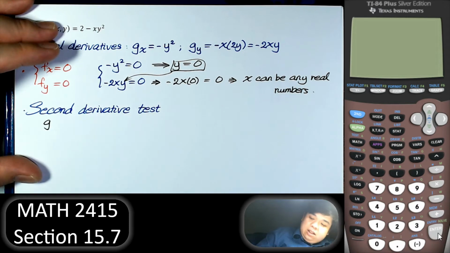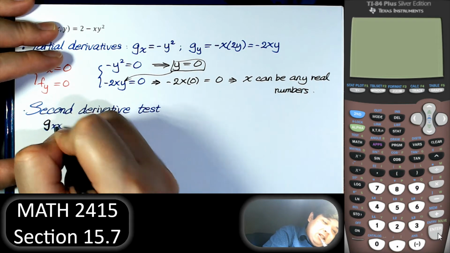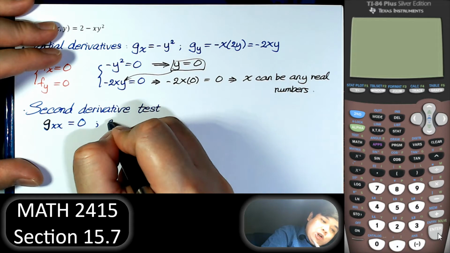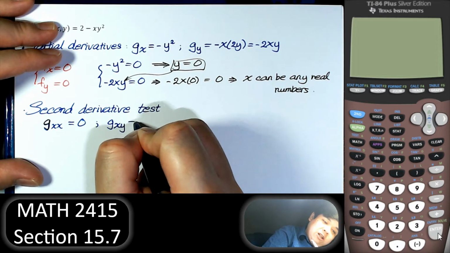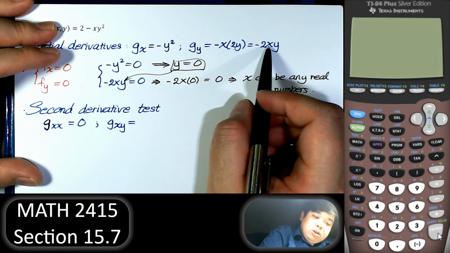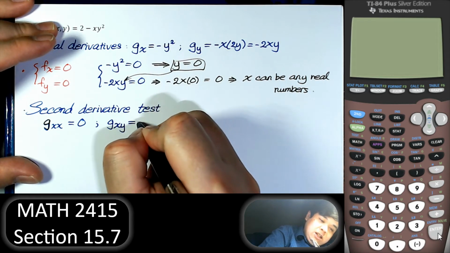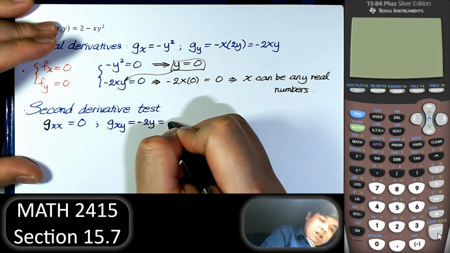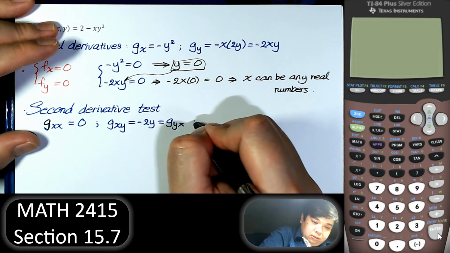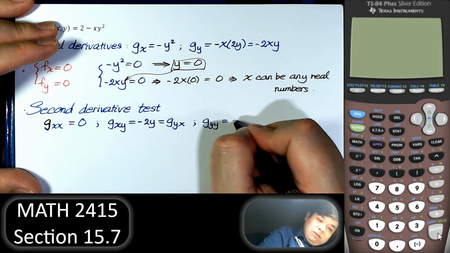g_xx: there's no x here, so that's 0. g_xy: derivative of this with respect to x, derivative of this with respect to y, negative 2y, and that's the same as g_yx. g_yy is negative 2x.